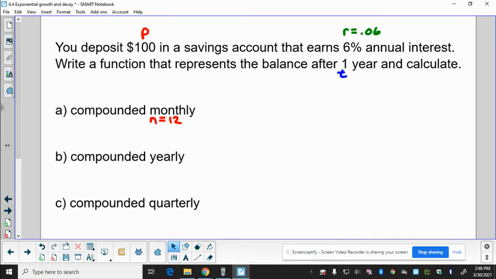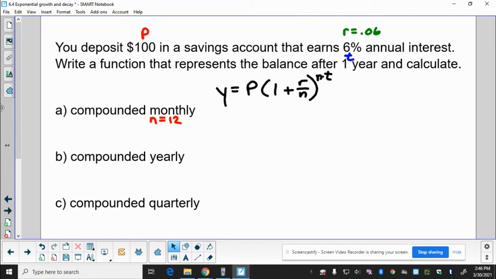I'm going to write it up here actually. Amount of money is your principal times 1 plus your interest rate divided by the compounding periods, raised to N times T. All right, let me move this up here.